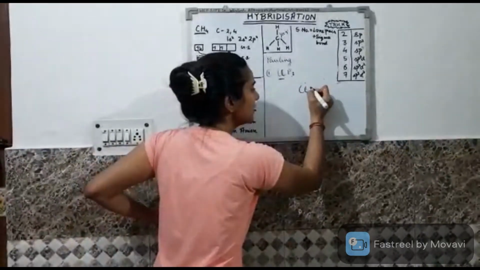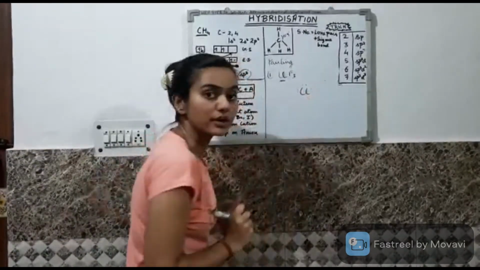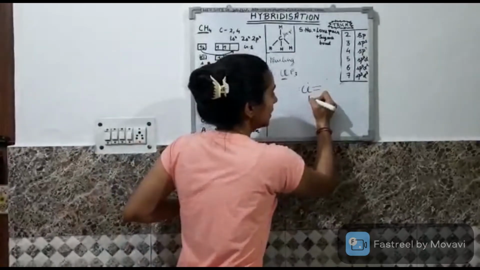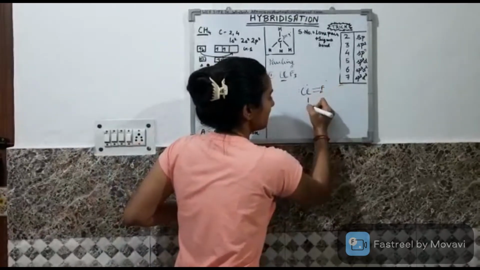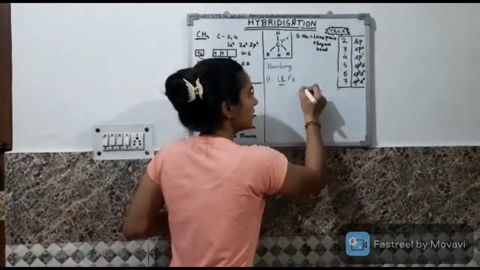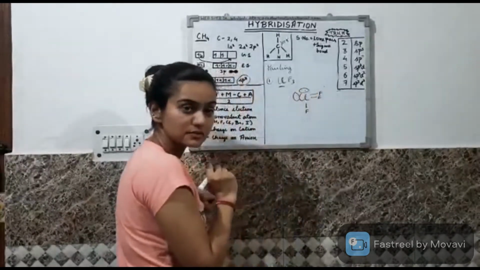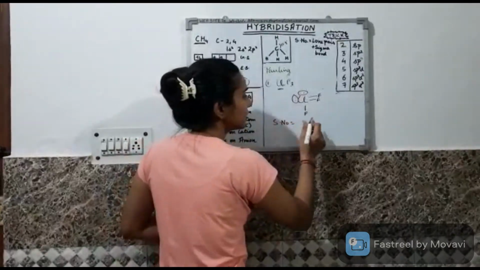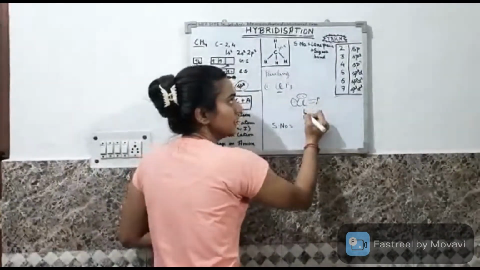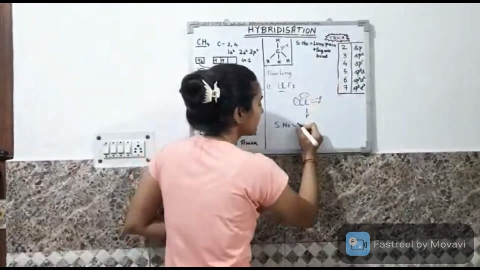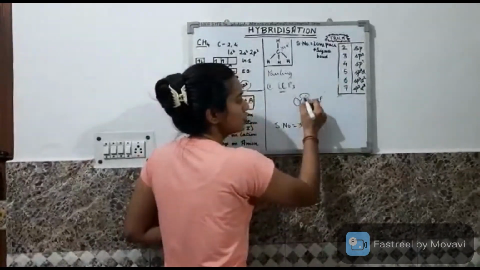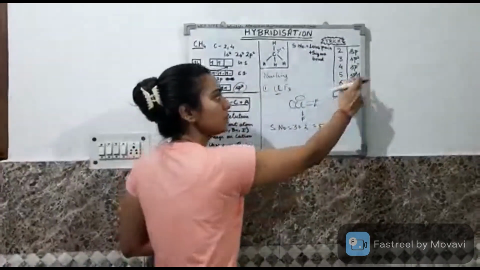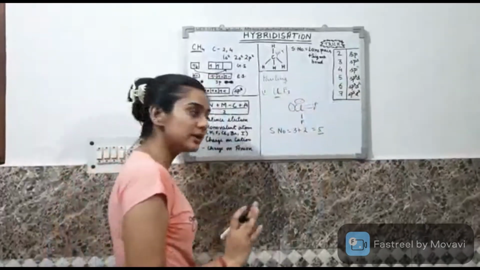So draw 7 dots around chlorine. 3 fluorines are attached, so attach 3 fluorines with the electrons. 2 lone pairs are left. Now the steric number here will be 1, 2, 3, 3 sigma bonds, plus 2 lone pairs. That means 5. 5 steric number means sp3d hybridization.